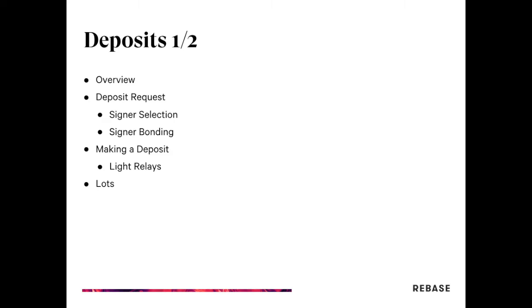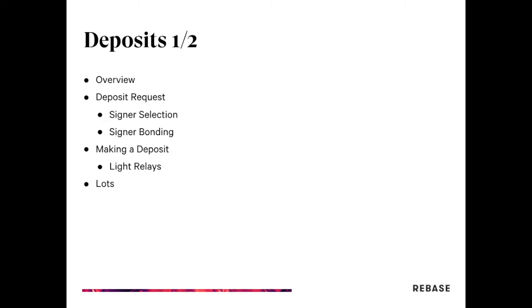So if you want to add multiple lots, you can do so, but you have to create multiple deposits. The reason for this is that it would create more signing groups and increase system resilience.